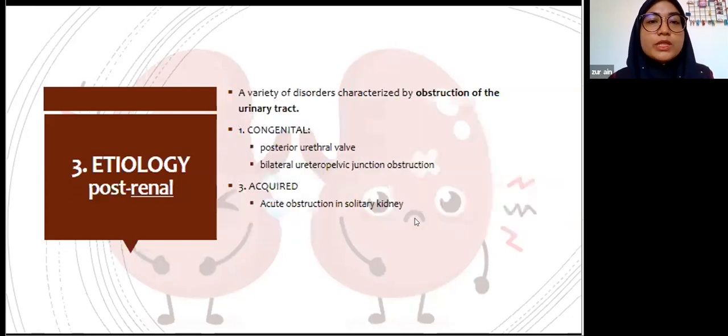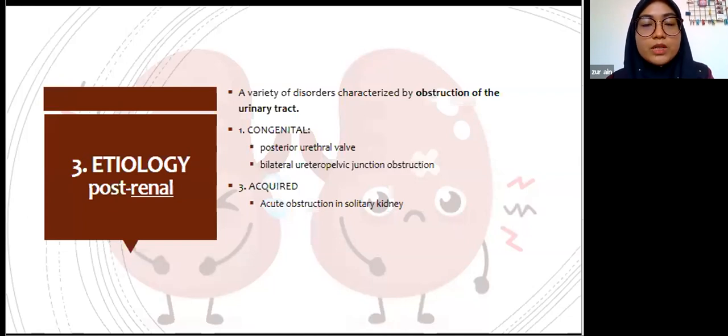Okay, so post-renal is also a variety of disorders, but the pathophysiology is basically only one, which is obstruction of the urinary tract. So for infants or neonates, it is mostly due to congenital conditions, which is abnormality in the urethra or ureteropelvic junction itself, which leads to obstruction of urine from the urinary bladder.